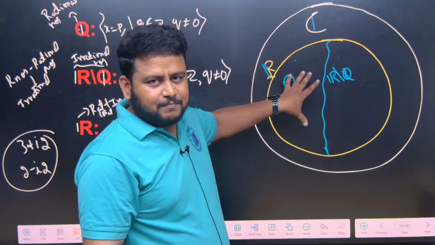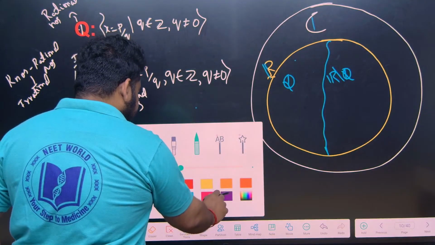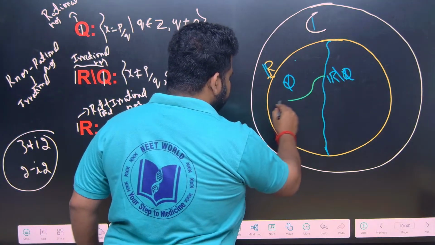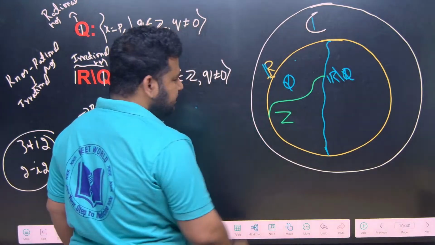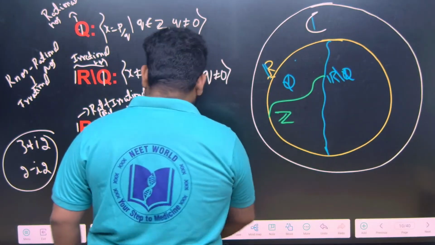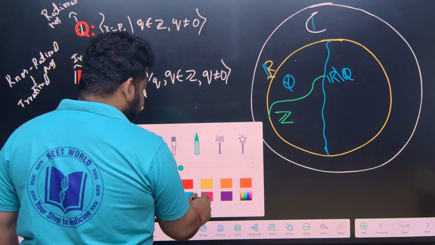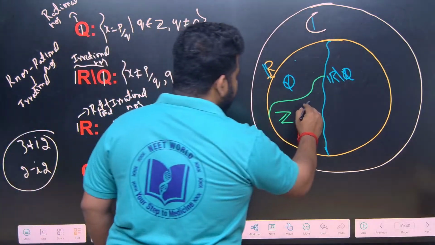Within the rational numbers itself, we have some more divisions. We have something called integers. And within the integers itself, we have something called whole numbers.